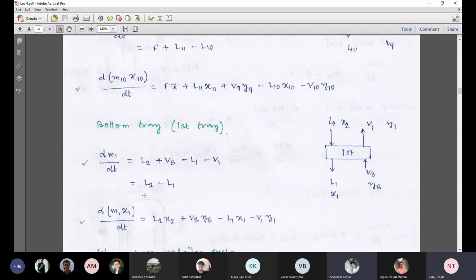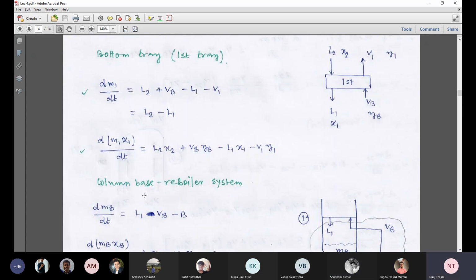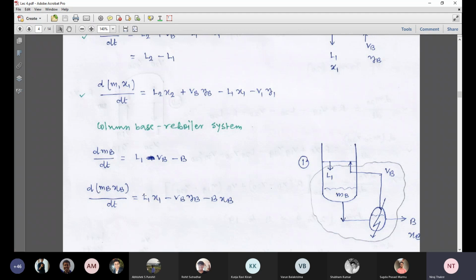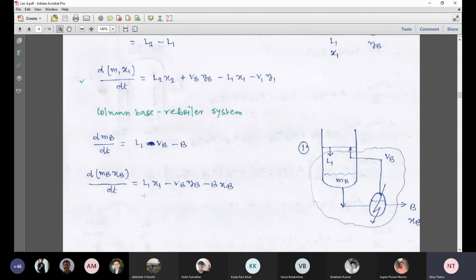You see, this is the equation. Now the last and bottommost section or envelope is the column base reboiler system.